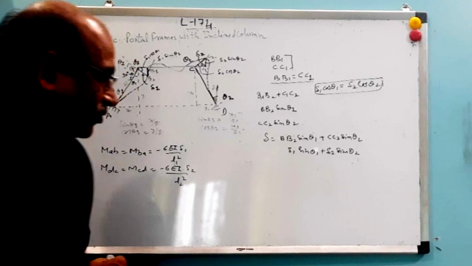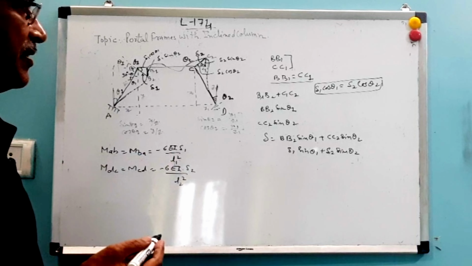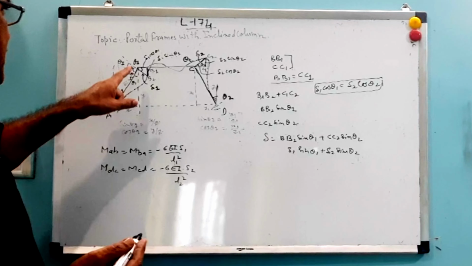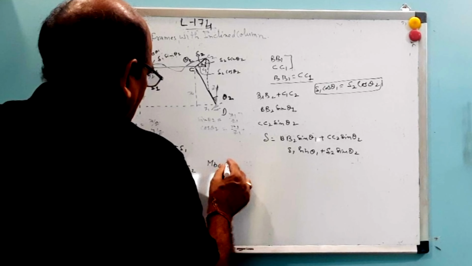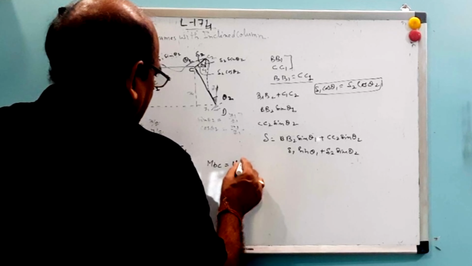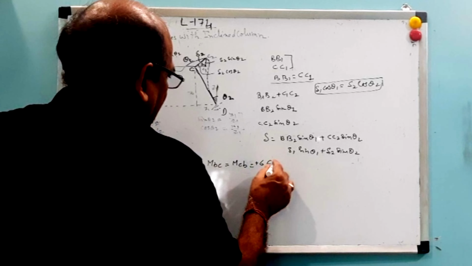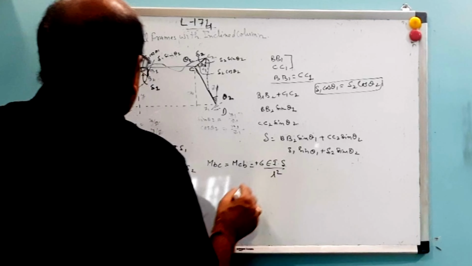You have to note this. And for the total deflection, MBC equals MCB equals 6EI delta divided by L square, if it is L square.